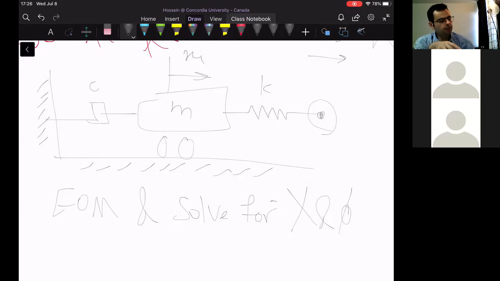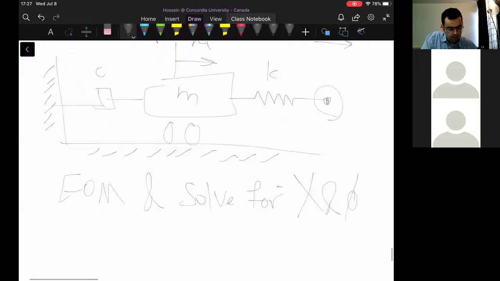If I draw the free body diagram of this system... We missed 3.4. We will come back for 3.4. And so the equation of motion, easily and simply, just using Newton's second law.